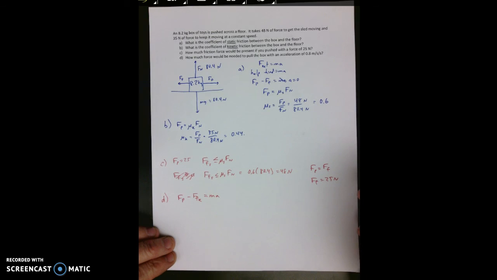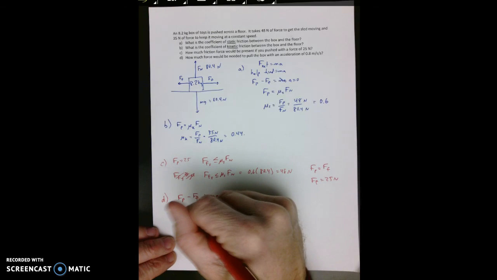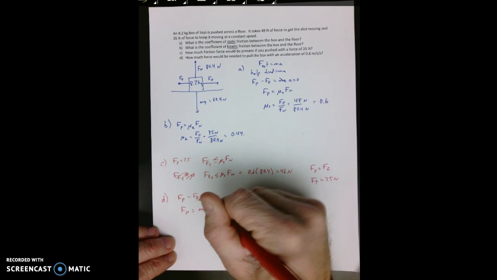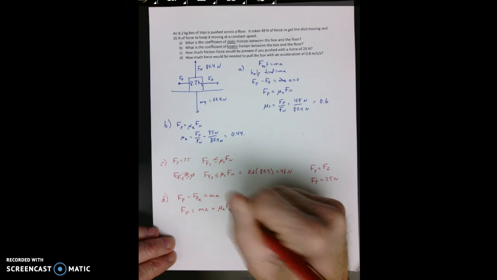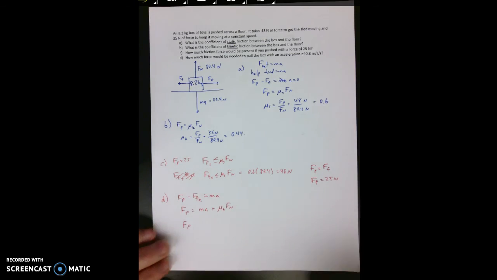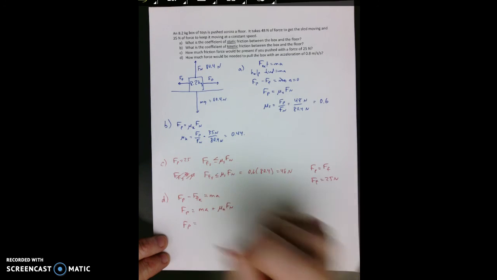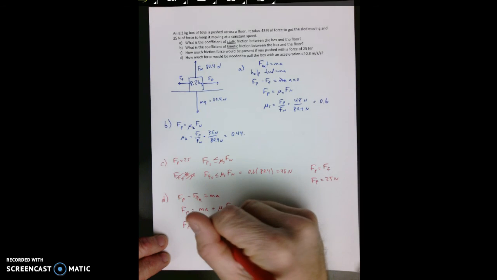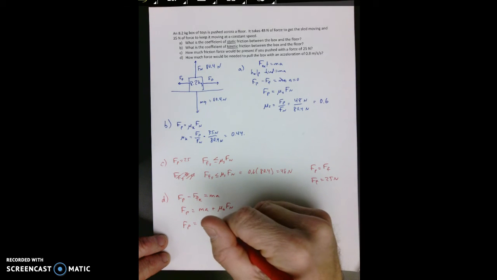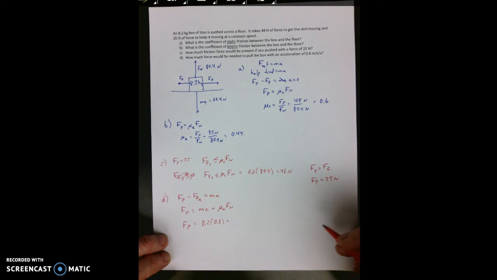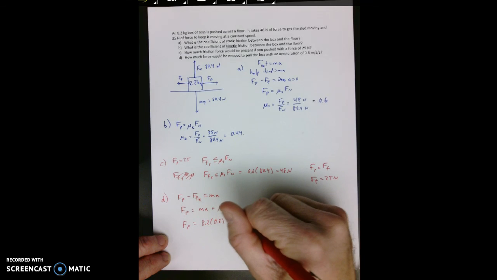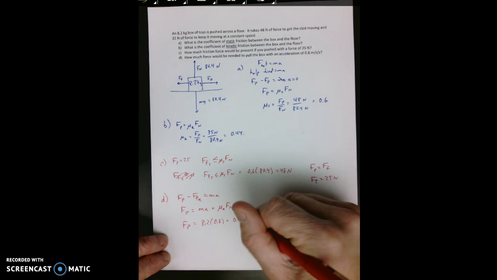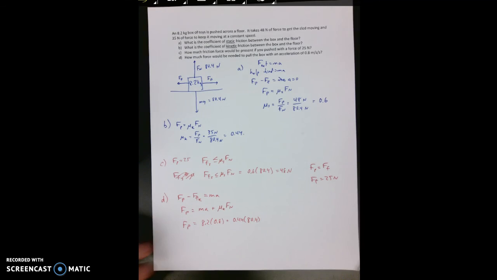And what I'm looking for is this pulling force equals ma plus, now I'm going to write that as mu k times normal force. So my pulling force then is the mass, 8.2, times my acceleration of 0.8, plus the coefficient of kinetic friction, which we found out here is 0.44 times the normal force, 80.4.